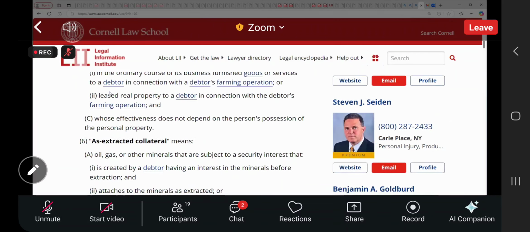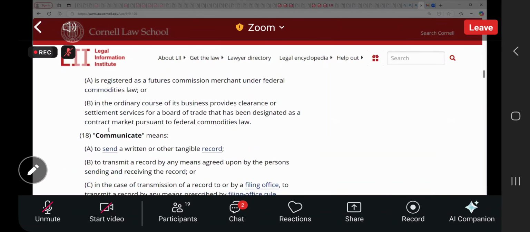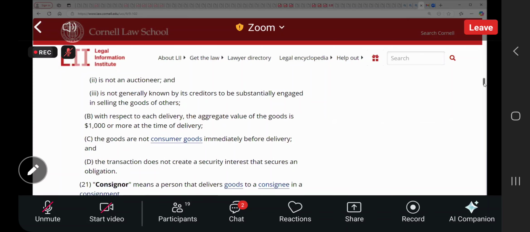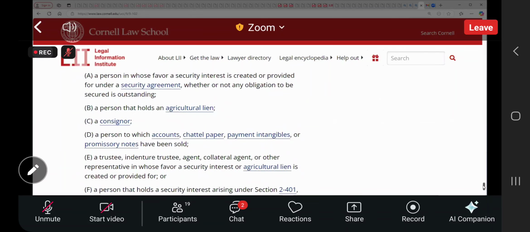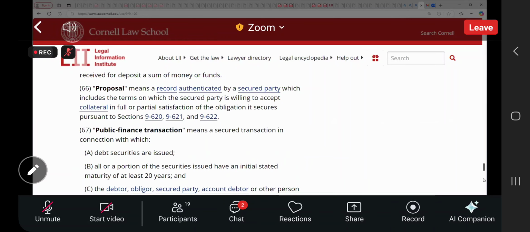Okay, what do you guys see here? 9-102-66. Proposal means a record authenticated. Don't we have authenticated documents? So we want to make proposals in our assignments. And the proposal is made by who?